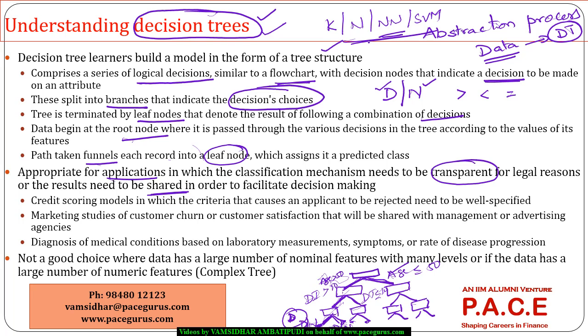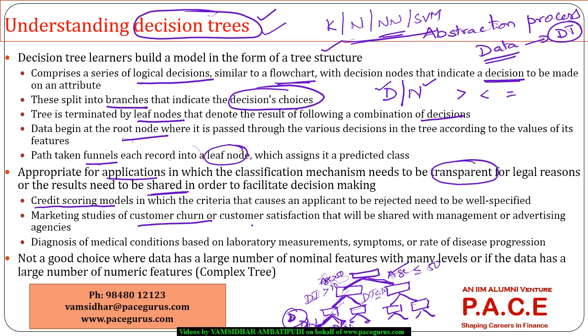So wherever the objective is to share the result and facilitate decision making more comfortably, we would be relying more on the decision tree kind of process. Especially in credit scoring models, when a person is rejected for a particular application, I should have a very clearly explained mechanism for why his loan application is rejected.